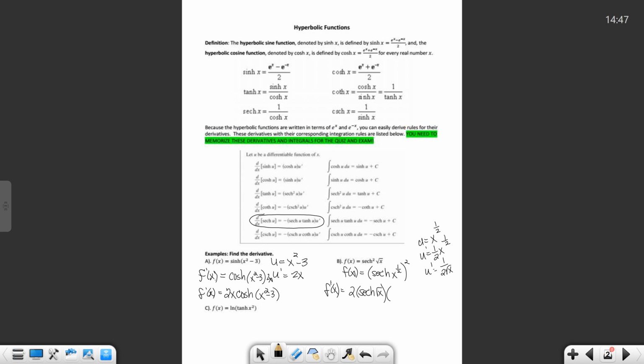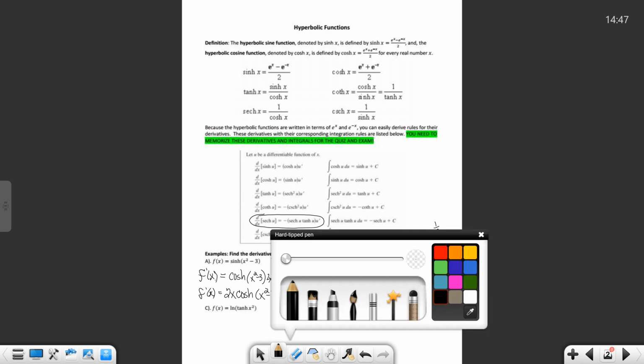The derivative of the hyperbolic secant is hyperbolic secant u hyperbolic tangent u, times the derivative of u, or u prime, which is 1/2 square root of x. When you're getting ready to simplify this, that 2 and that 1/2 will cancel out.